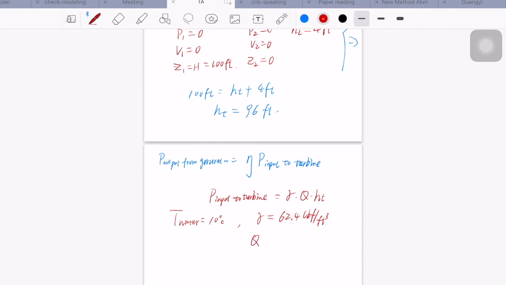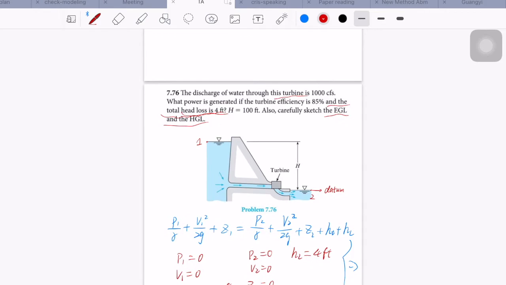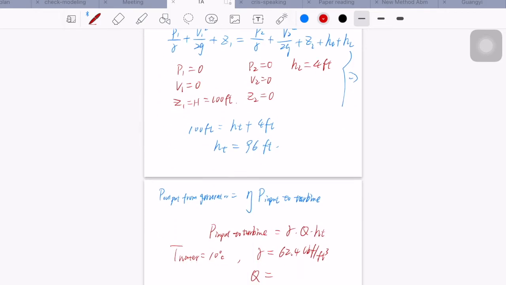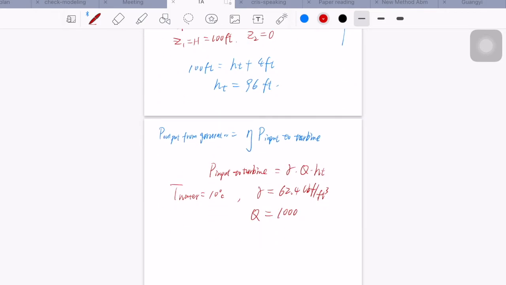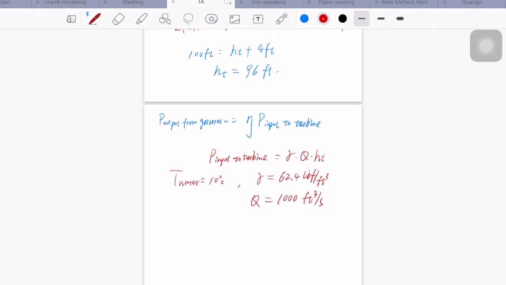And from the problem, we know that Q should be equal to 1000 cubic feet per second. And we know HT is 96 feet, and eta is 85%.